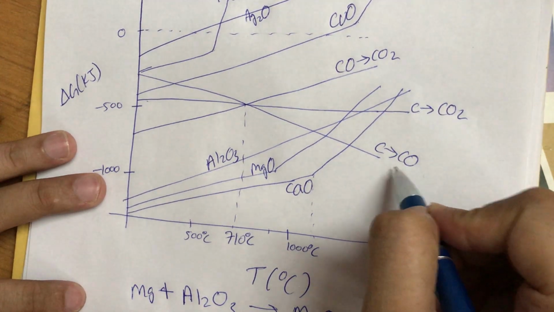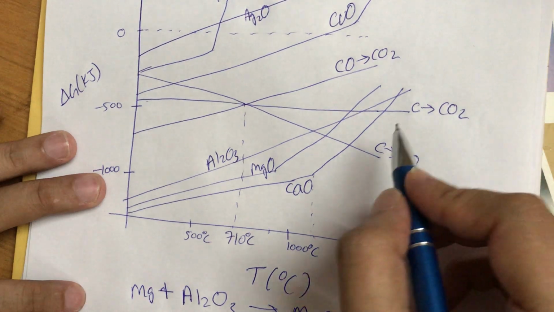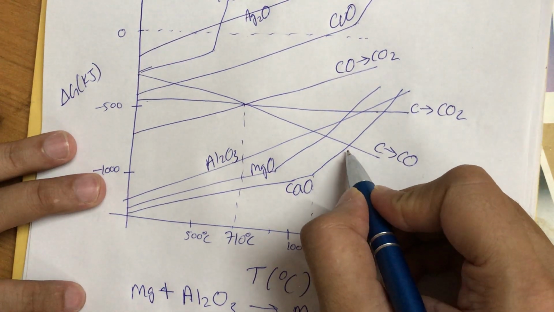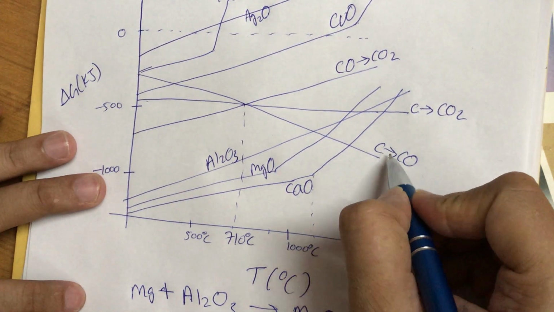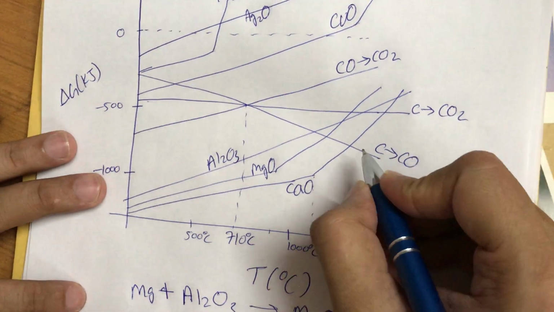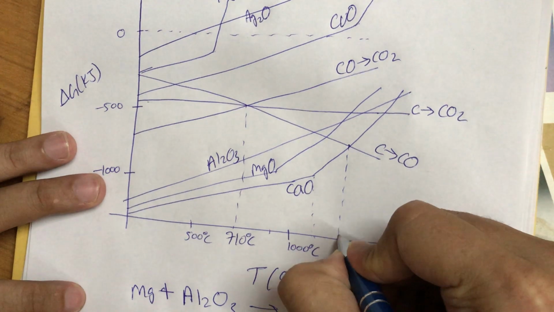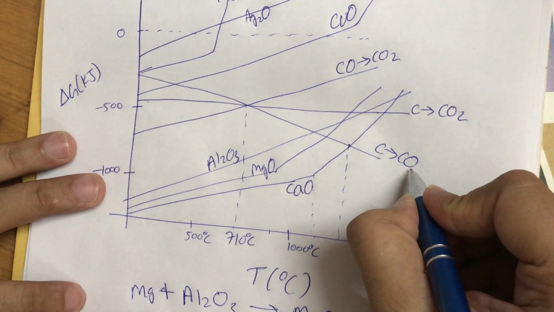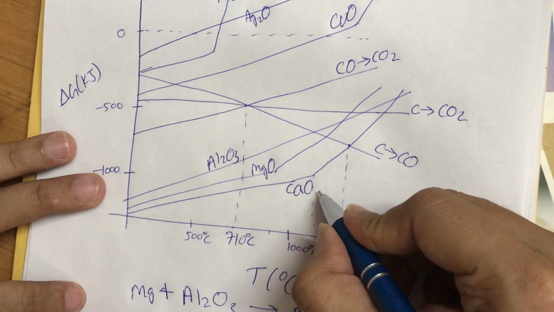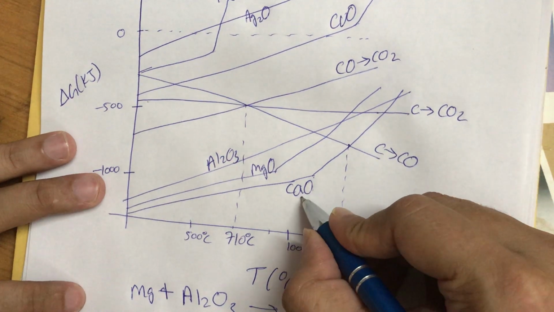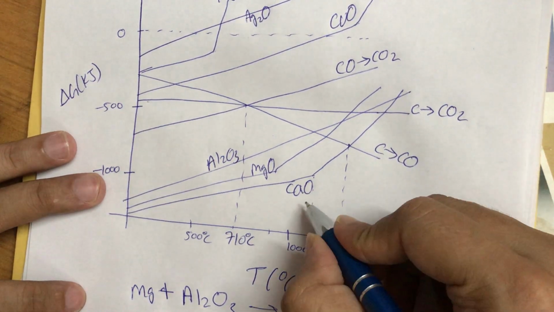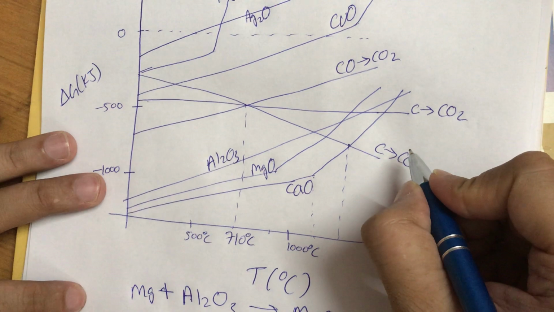So when they cross the C giving CO or C giving CO2 lines, after that particular temperature, carbon can be used as a reducing agent. You can observe from here, after this temperature, carbon can react with CaO and give CO, and calcium oxide can be converted into calcium.